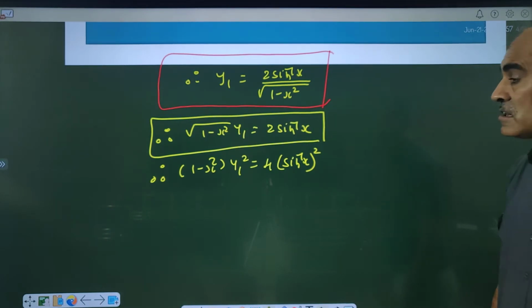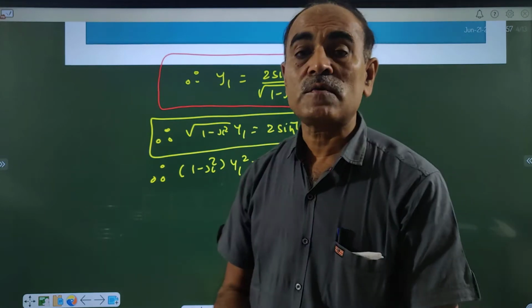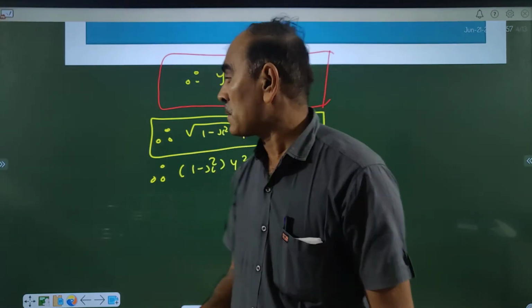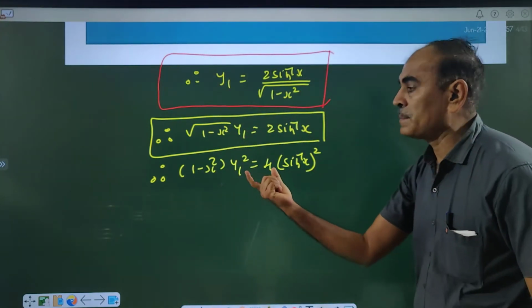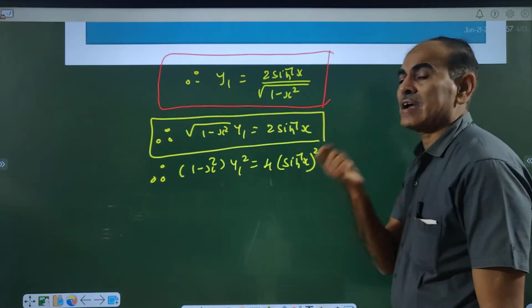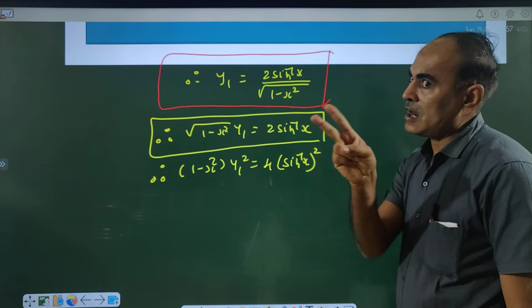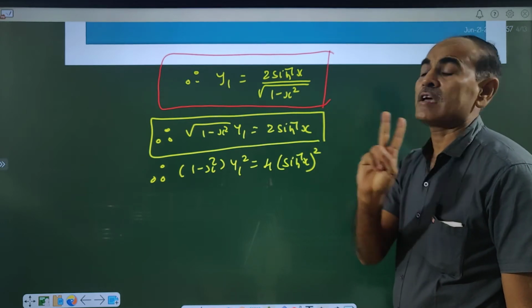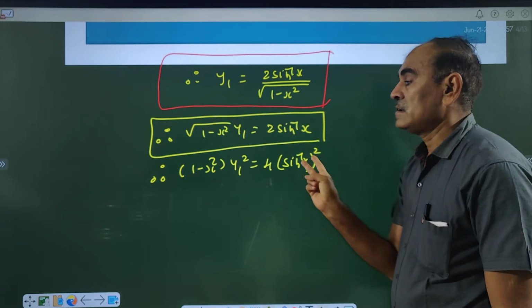Clear? When something other than a single term is given to us, that thing we are going to see in one more example after completing this example. In that case, on the right hand side we get two terms, so we are not able to square on both sides.